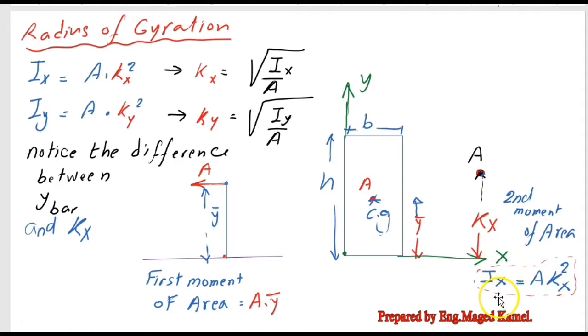That's why Ix equals A multiplied by Kx squared, after considering that the concentration of the area is different between the two cases. For the rectangle B by H, the CG lies at y bar, which equals h over 2, while for the second moment of area, we consider that the area is concentrated at a distance equal to Kx.